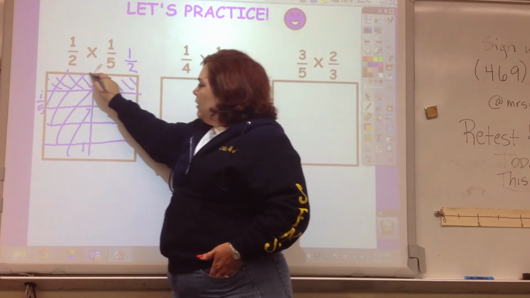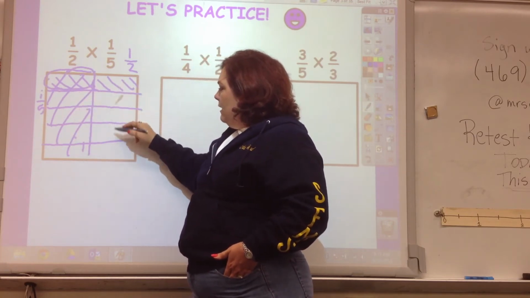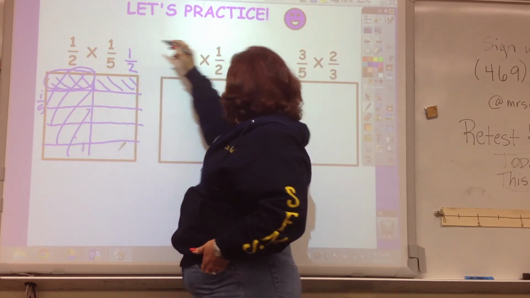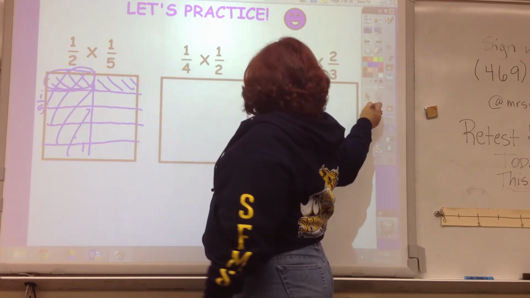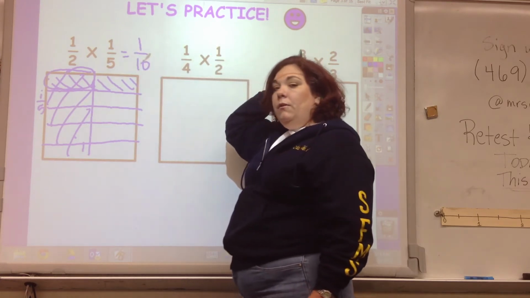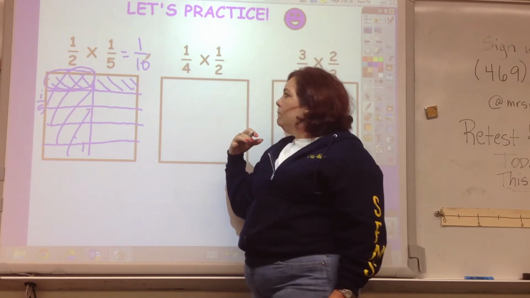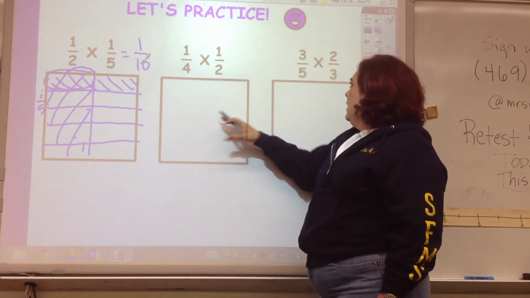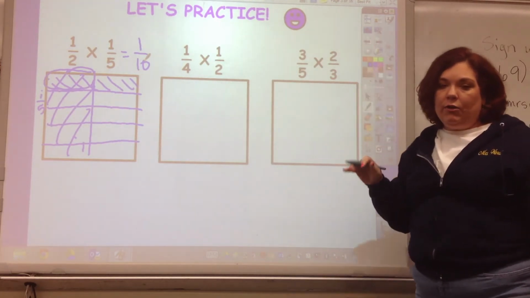So my answer is 1 out of 1, 2, 3, 4, 5, 6, 7, 8, 9, 10. One out of 10. And as you're doing these, are you seeing a pattern? Are you seeing what's going on with the numbers? So do this one, and whenever you come back, I will have shaded them, and you can check your work.